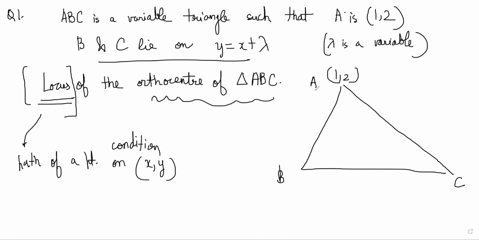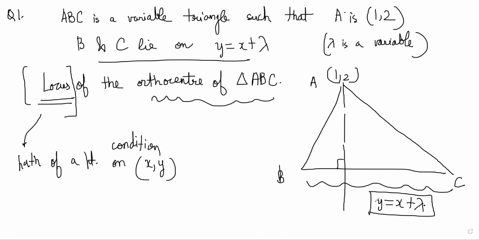So now orthocenter is what? Orthocenter is perpendicular like this from 1, 2 to this. So B and C lie on a line. So the equation of BC is this, y is equal to x plus lambda.